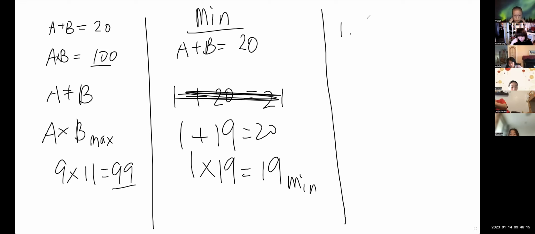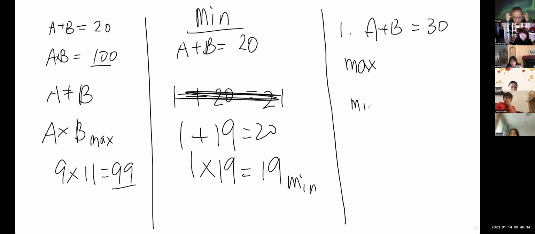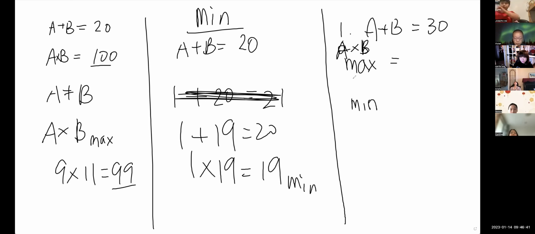If A plus B equals 30, I'll make the number a bit smaller, so the children won't be scared. What is the maximum number? What is the biggest number of A times B? A times B maximum, and A times B minimum.